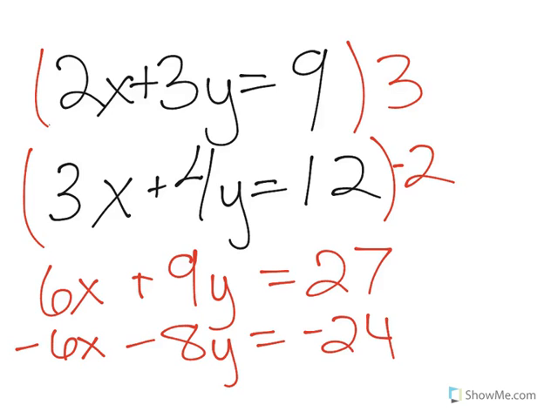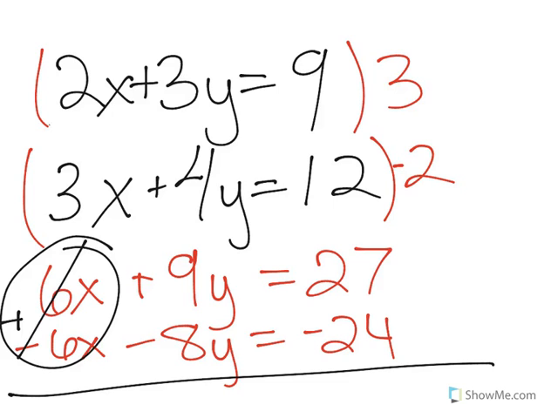I multiplied by negative 2 just so I can show you that if you do that and get the opposite sign in both equations, you can just add the equations and you don't really have to subtract them at the end.